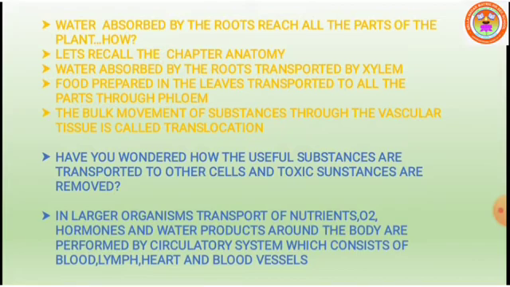There are so many questions we'll ask. How do useful substances get transported to other cells and toxic substances get removed? In larger organisms, transport of nutrients, salts, oxygen, hormones, and waste products around the body is performed by the circulatory system.